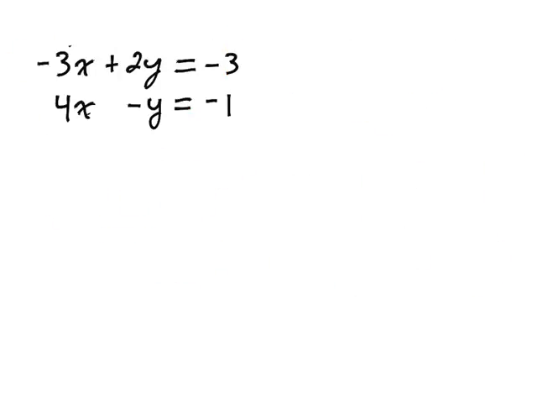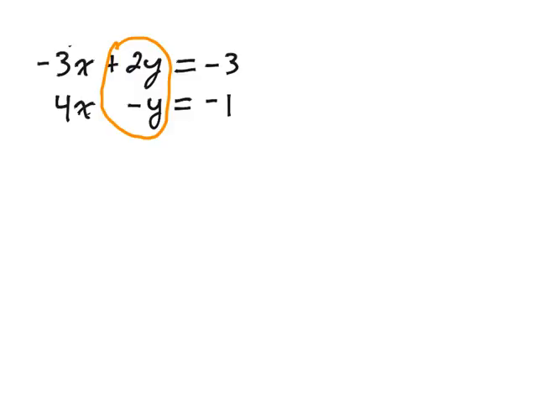Okay, if we look at this third example, what we can see is that sometimes it takes a little bit more than just multiplying by negative 1 in order to eliminate a variable. If we look at the y's, we have a positive 2y and a negative 1y. They're opposite each other, but they don't have the same coefficient.